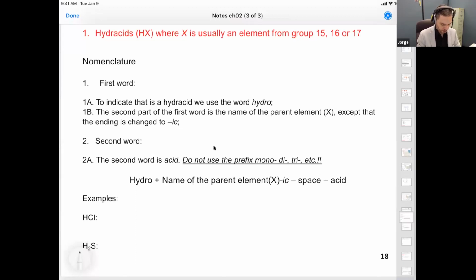Okay, so let me do the two examples with you.